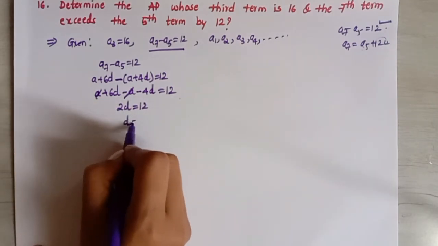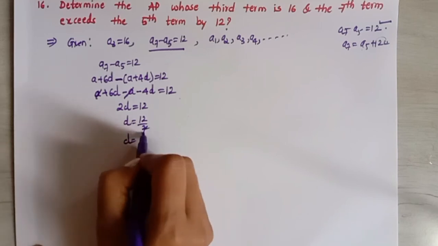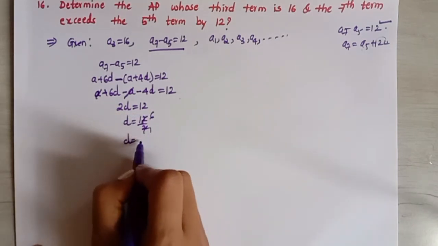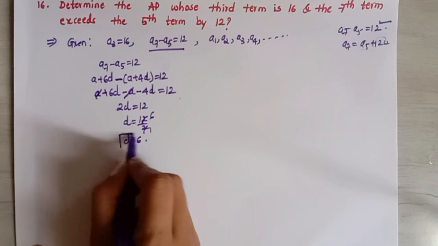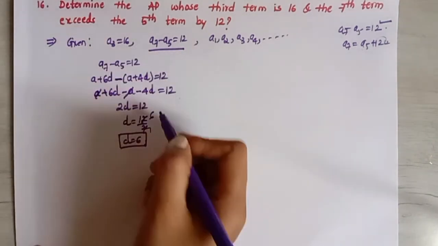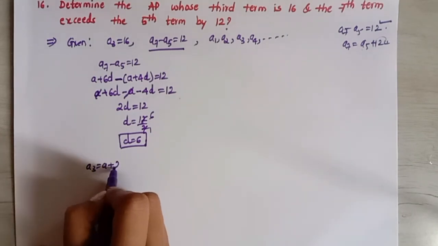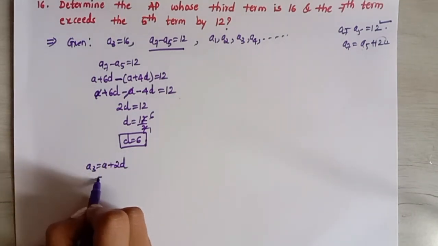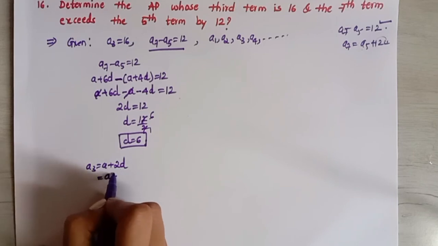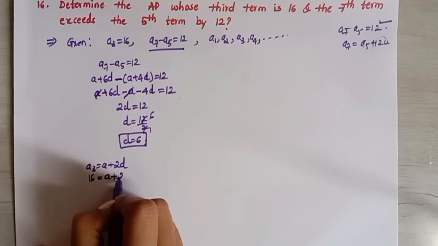So what is D? D is 12 divided by 2. So 2 sixes are 12, therefore D is 6. So using this A3 we can find A. So what is A3? A3 is equal to A plus 2D, right? So what is A we have to find. Okay, so A3 is 16. 2 into what is D?